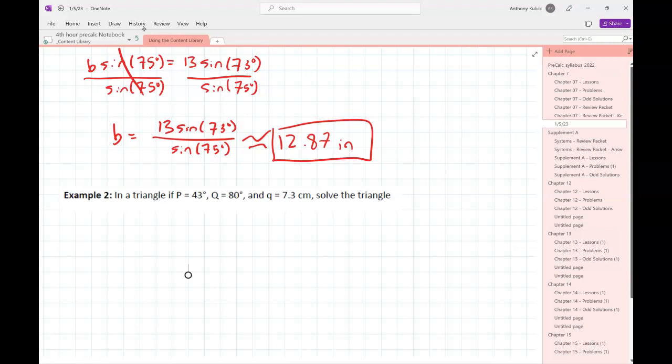All right. Let's do another. So what do I want to do? I want to start by drawing my picture. So the third letter I'm going to use is going to be R because of the alphabet.